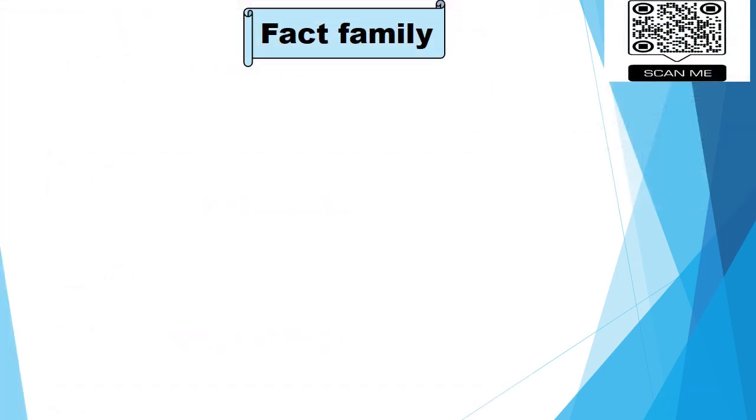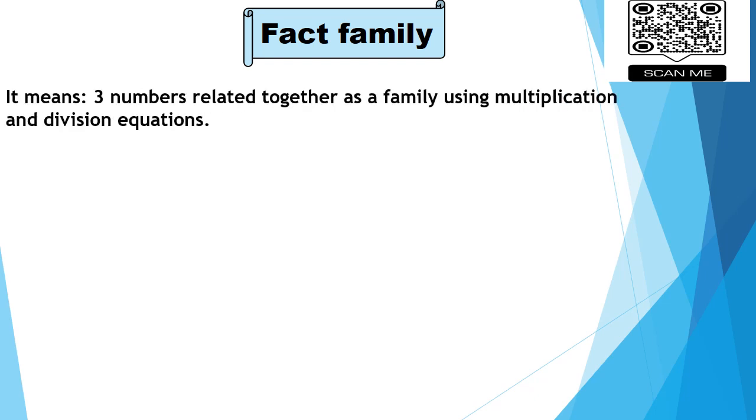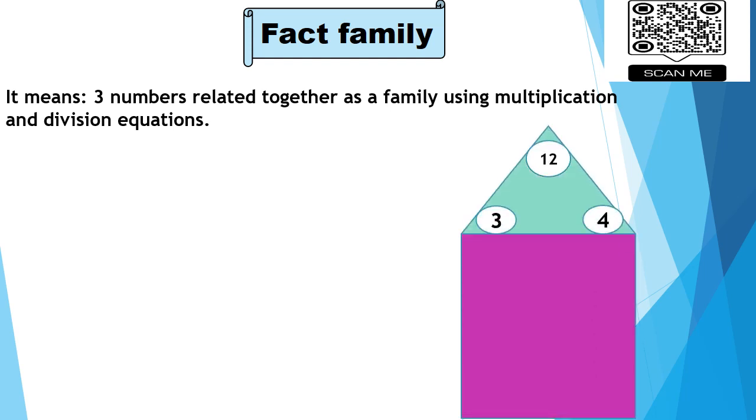Now let's move to fact family. Fact family means three numbers related together as a family. Here in our fact family, we will use multiplication and division equations to relate them together. Here we have an example.